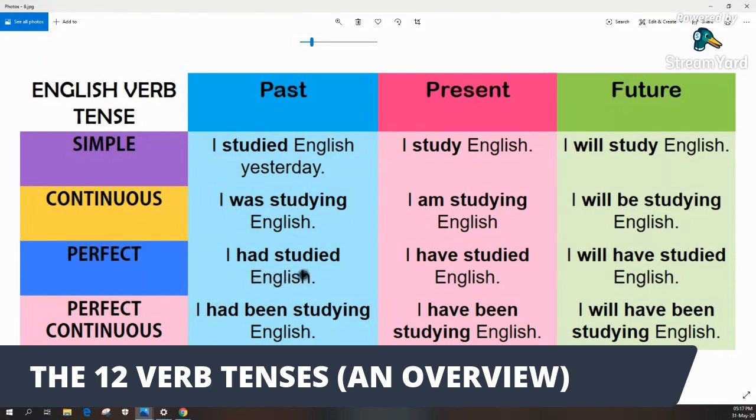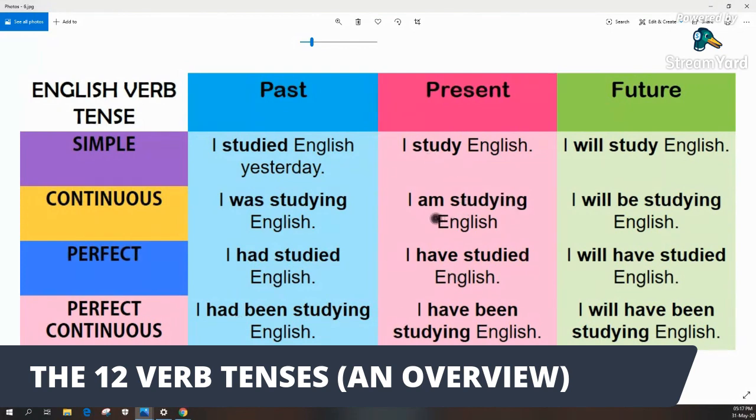And then for the perfect, we have to remember had for the past, have for the present, and will have for the future. And then for the perfect continuous, you have to add been. So study, was studying, had studied, had been studying.